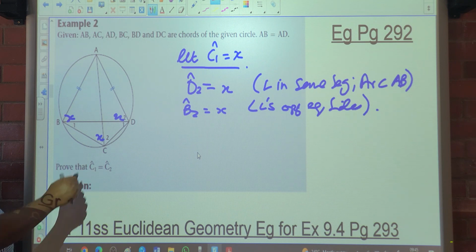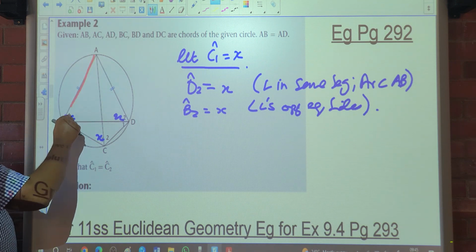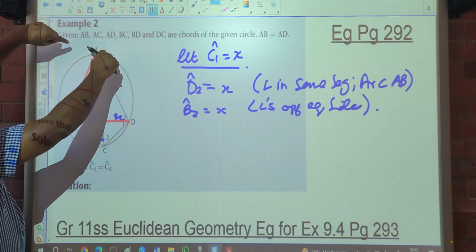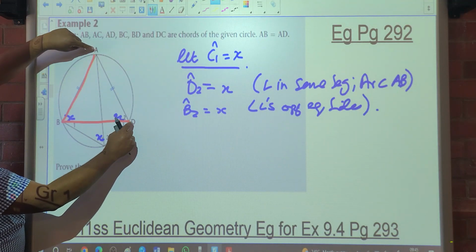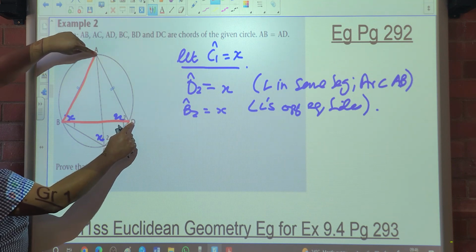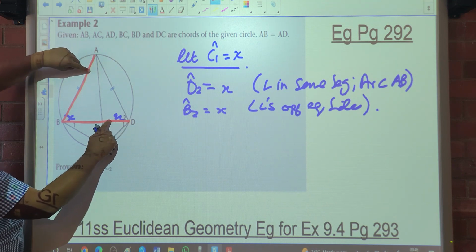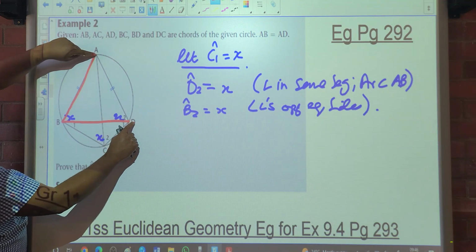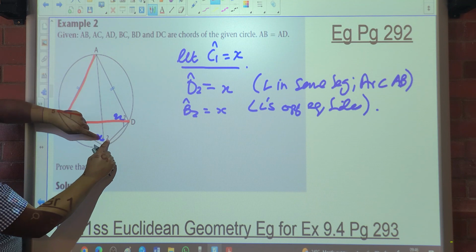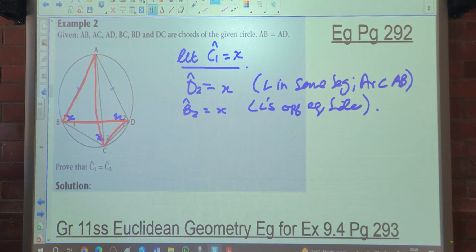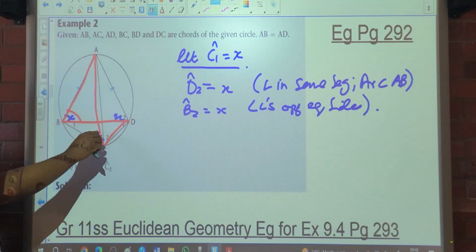Angles in the same segment. You see here that angle, you see this arc AD? You can play little games with yourselves, no? Put your finger one there and one there, and run the fingers along the lines. You see here B2 is also equal to C2. You see the bow tie there? So the angles are equal again.